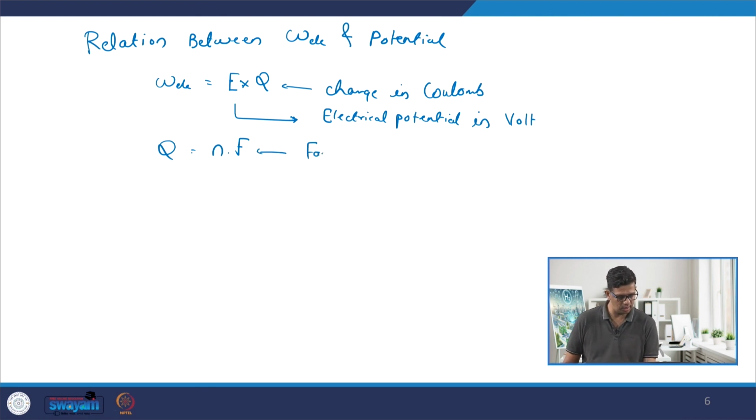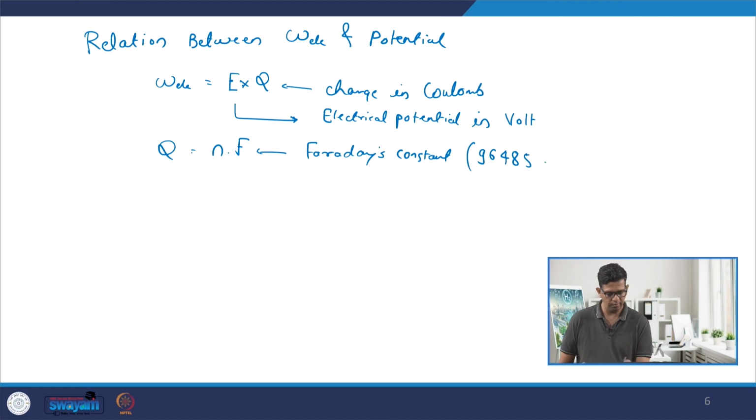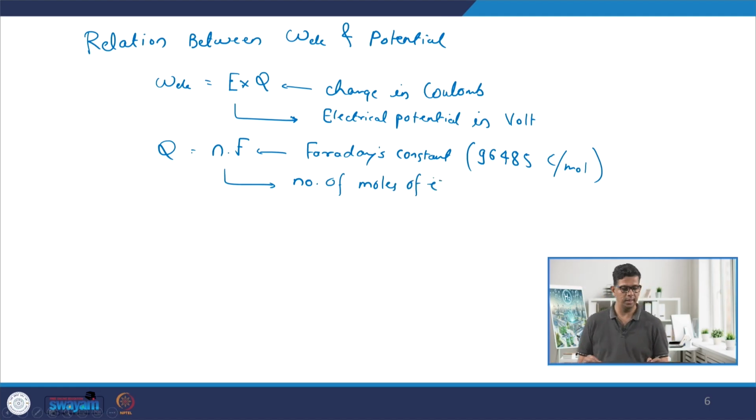F is Faraday's constant, which is roughly 96,485 coulombs per mole. And what is N? N is the number of moles of electrons involved in that particular reaction. So the product of the number of moles of electrons and Faraday's constant gives how much charge is being transferred during that reaction.